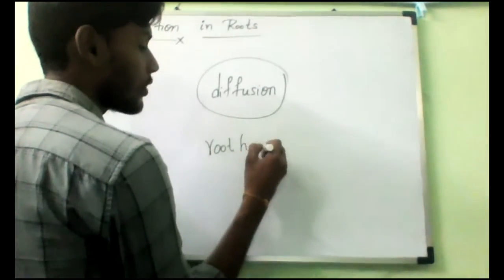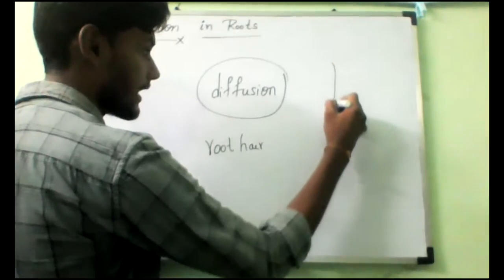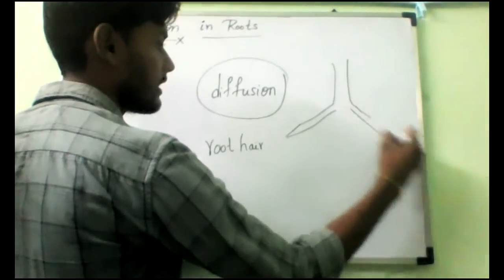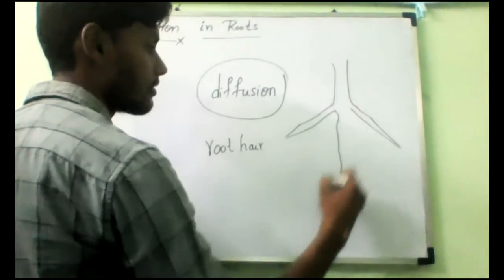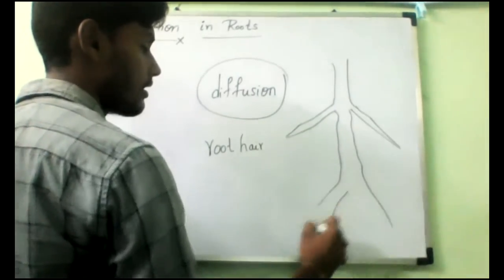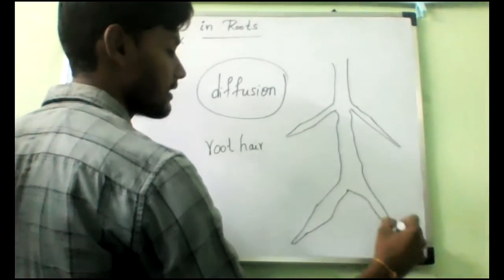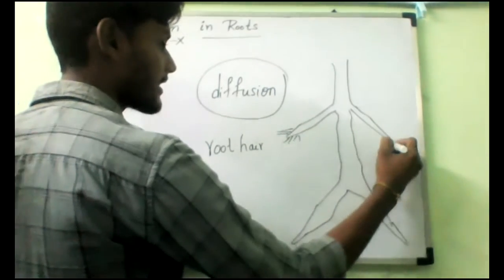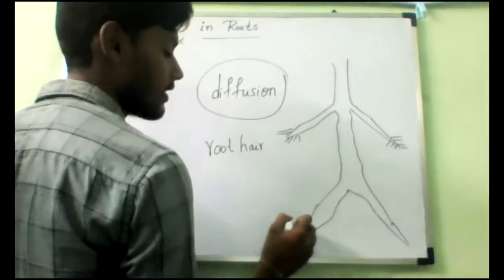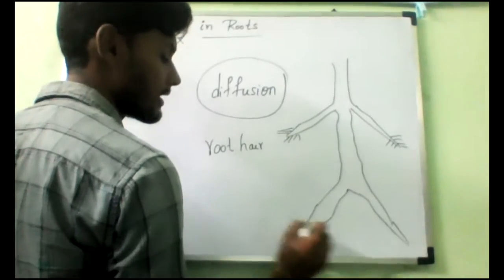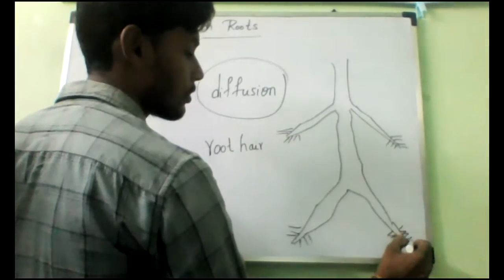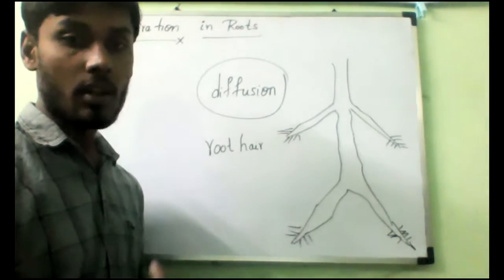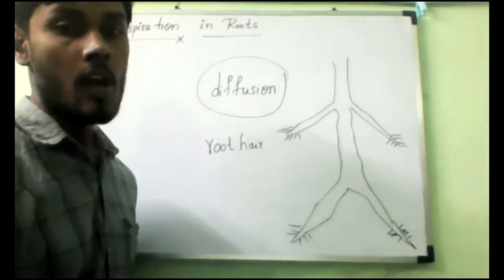If you take any kind of root, suppose a plant, you can see the roots will be like this, and here the cells are extended in the form of a hair. That hair is called root hair. So through this root hair, the roots of the plant absorb oxygen.